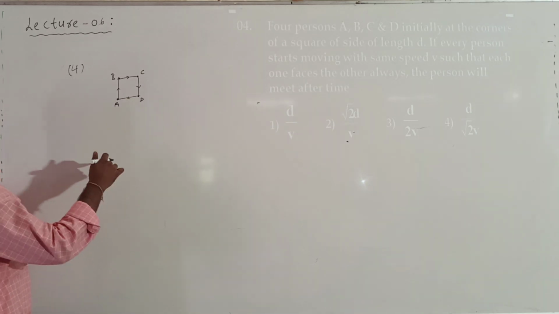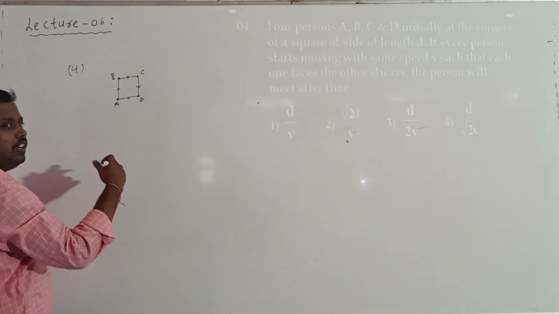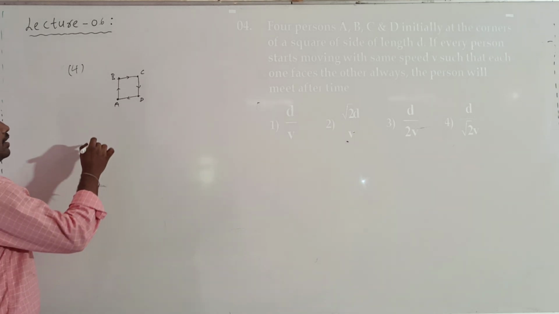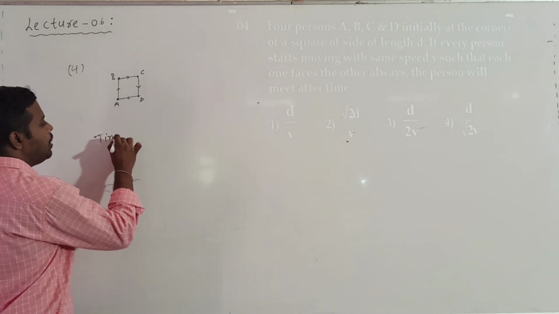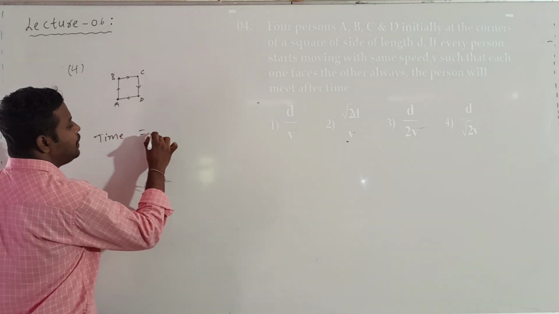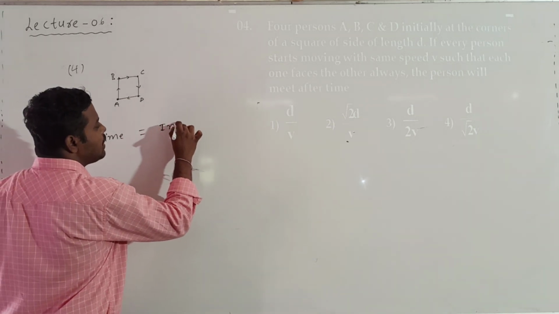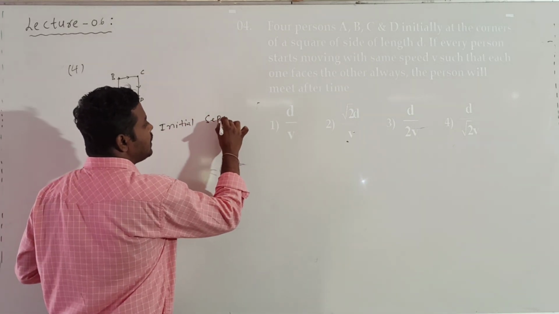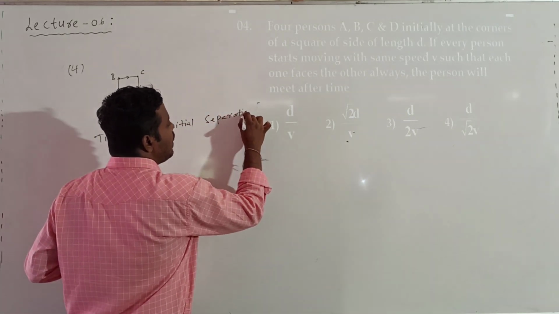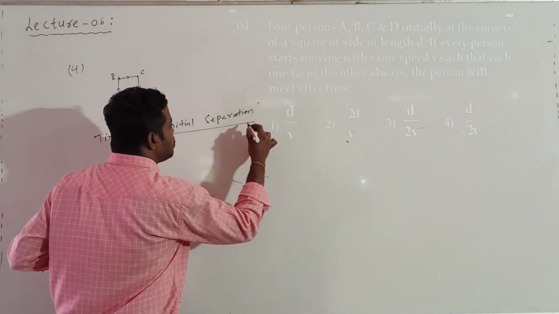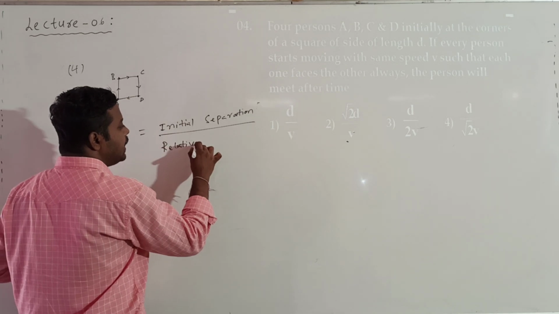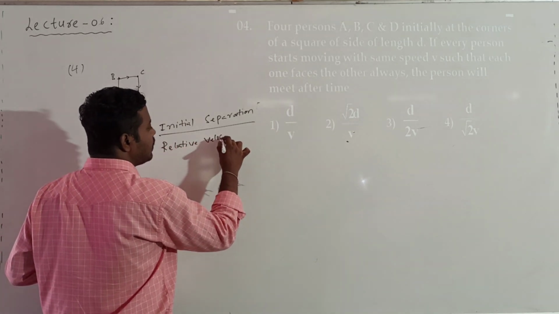To calculate the time, we use relative velocity. When 2 or more bodies are in motion, we can consider the relative velocity. So I am writing the formula. The time after which they will meet is equal to the initial separation divided by the relative velocity of approach.